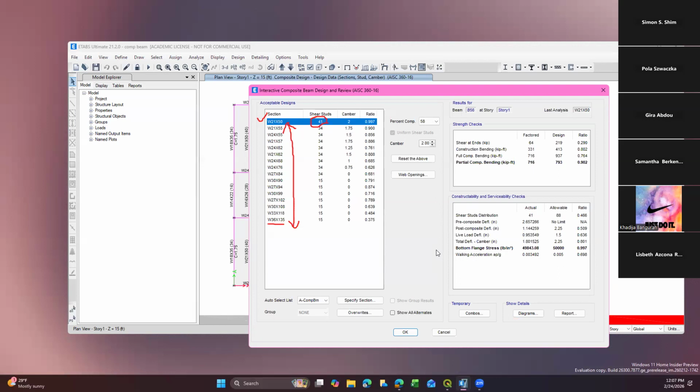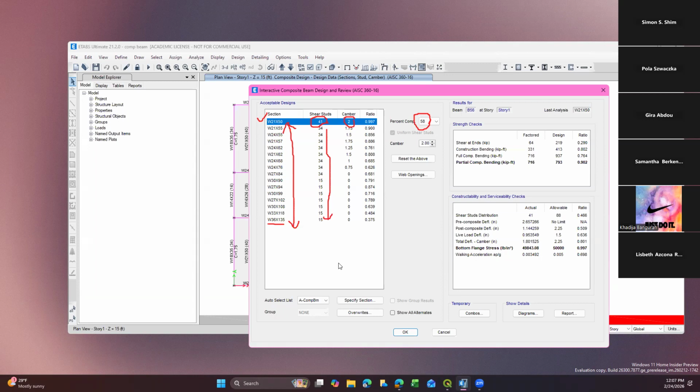Heavier, deeper beams need fewer studs. So a 21 by 50 beam needs 40 shear studs to get up to 58% composite action. Meanwhile, it needs a 2-inch camber to meet the deflection criteria.